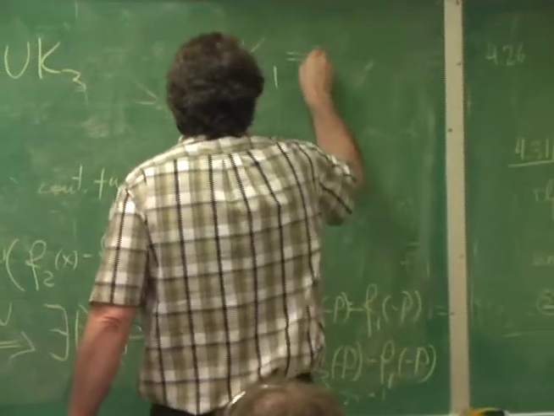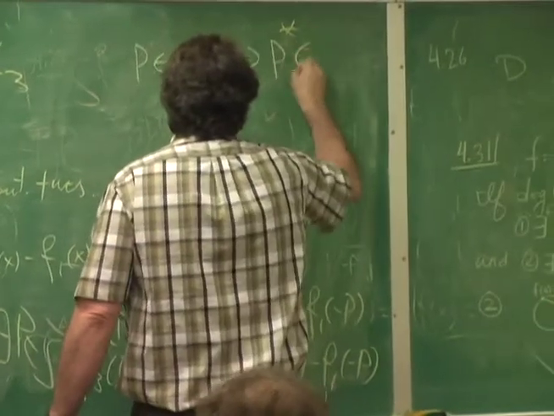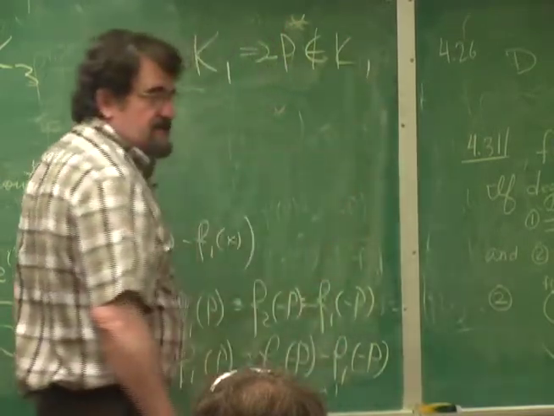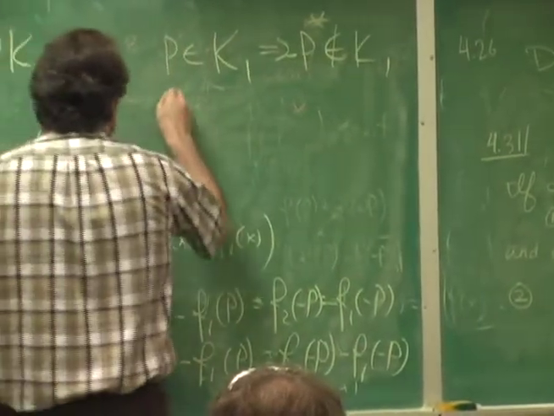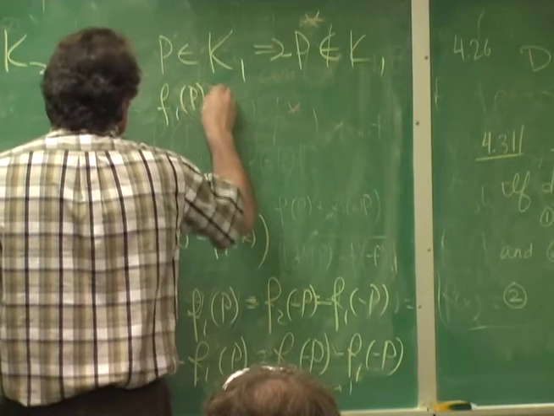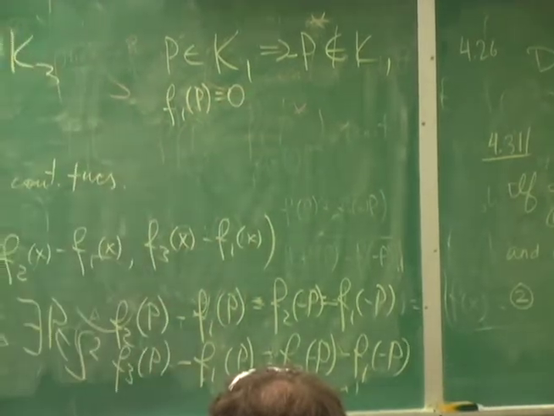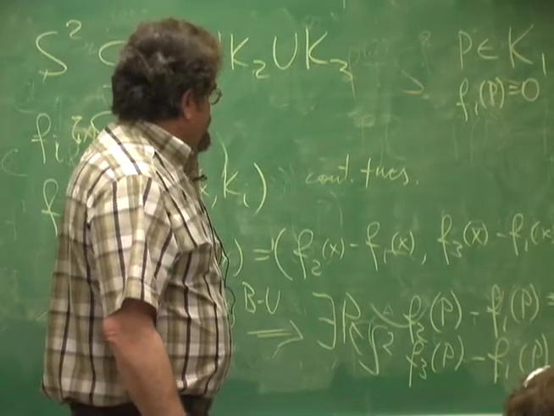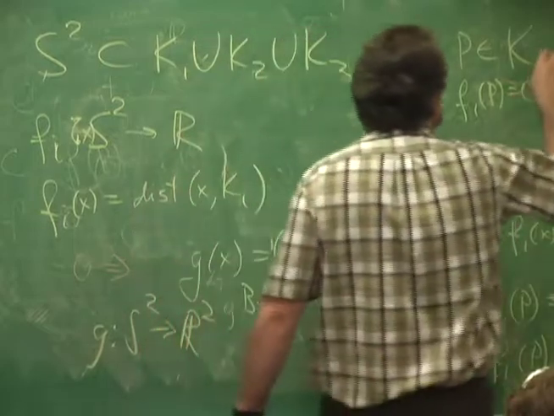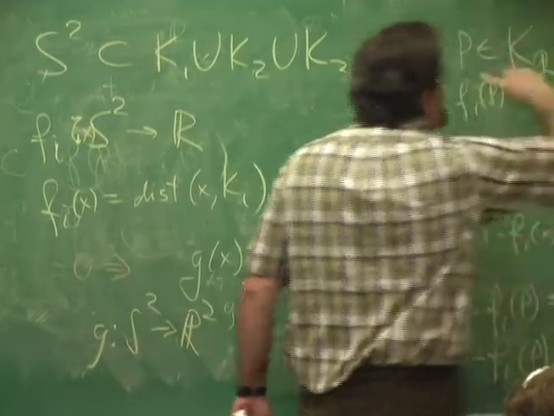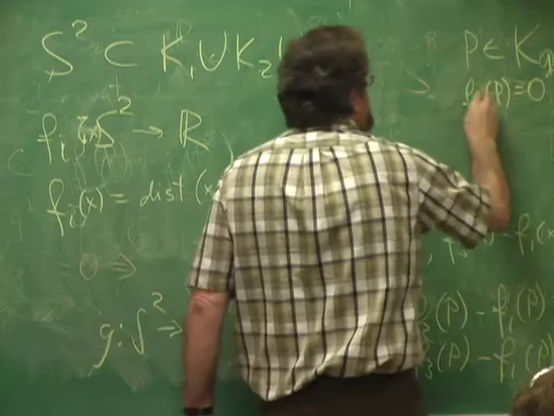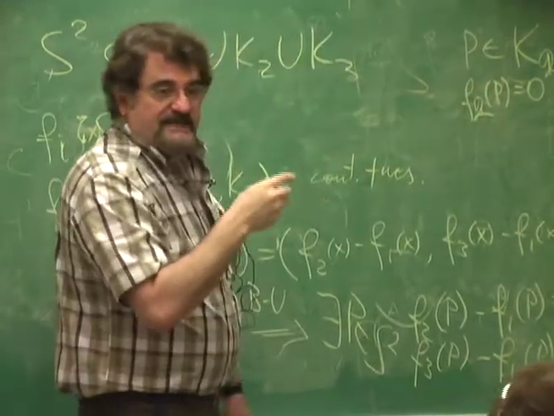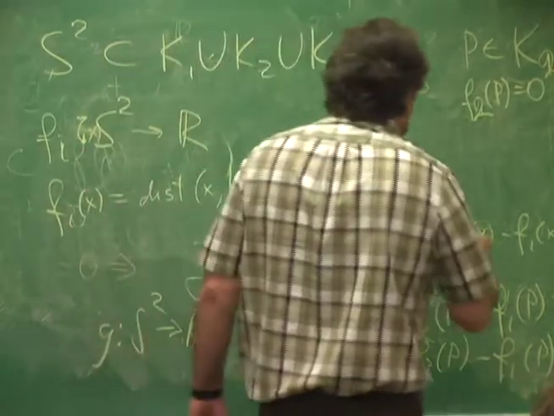Then minus P is not in K1, and from this it follows that f1 of P is 0. Better let me do it in K2, because I will show how to switch. Let it be in K2. It doesn't matter because I can easily redo it.